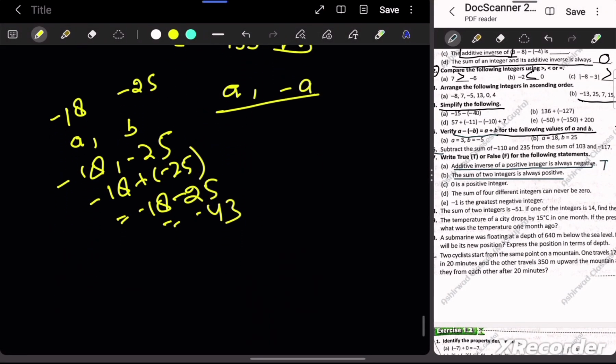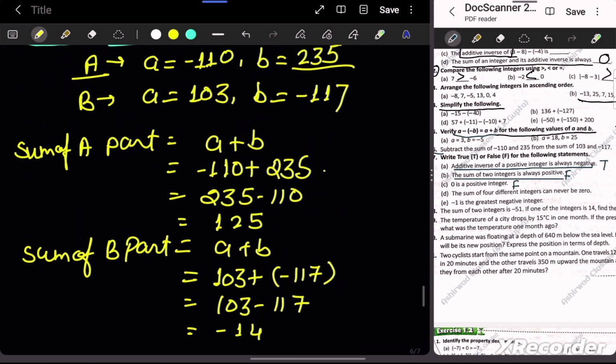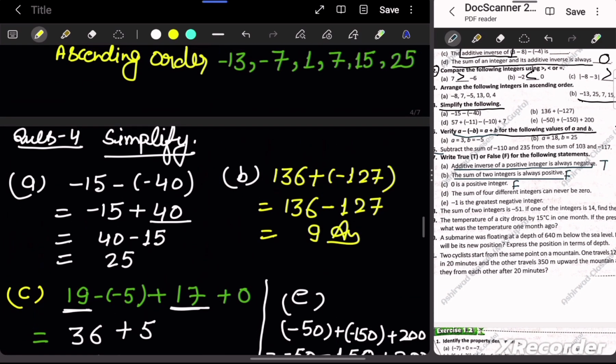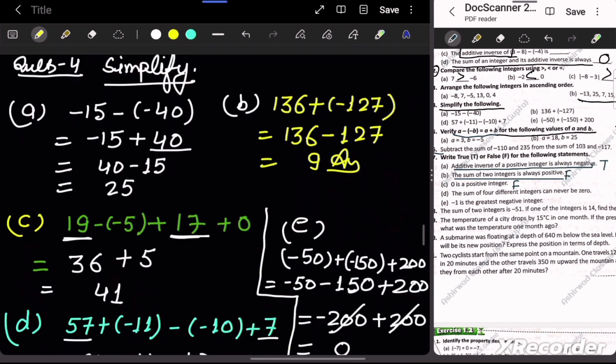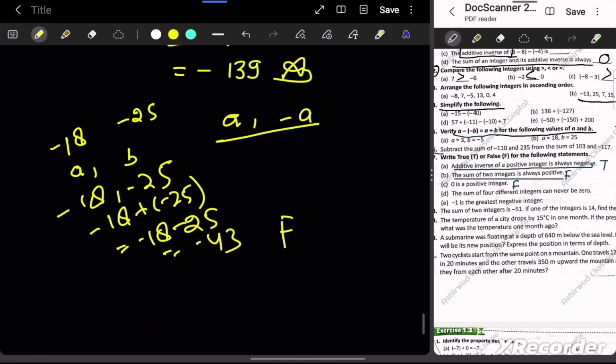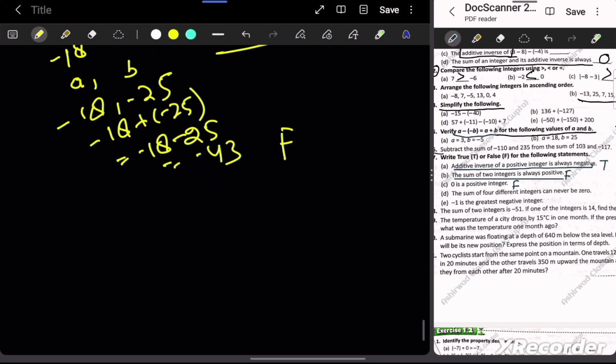So minus 18 plus minus 25 equal to minus 43. Okay, now 0 is a positive integer. False. This is also false and this is also false, because I have discussed already 0 is neither positive nor negative. Okay, the sum of four different integers can never be 0. Four different integers, minus 18, minus 17 and 15 and let 10.